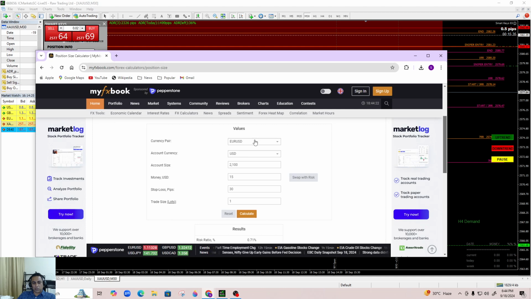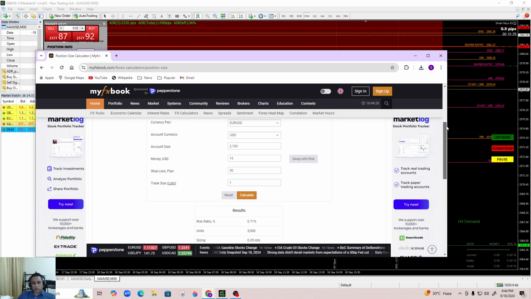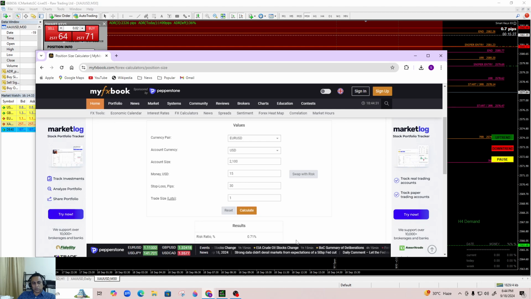I use Euro USD here because it's similar to gold in terms of the movement, and I put in my account size and the money that I'm willing to lose. You can change this to a risk percentage, or I like to use a fixed dollar value.